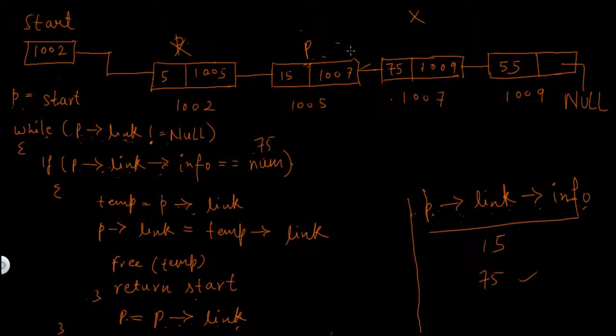Now always the next node will get deleted, and p arrow operator link is always the address of the next node, because p arrow operator link means link part of this node, which is the address of the next node. So the address of the next node will be assigned to temp, which according to this example is 1007. So temp means this node.